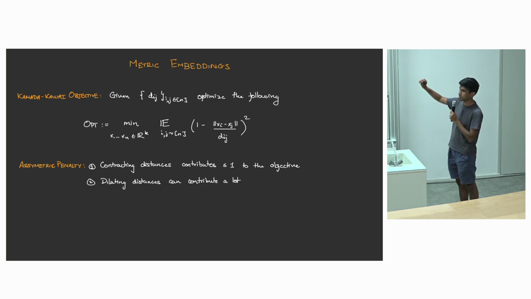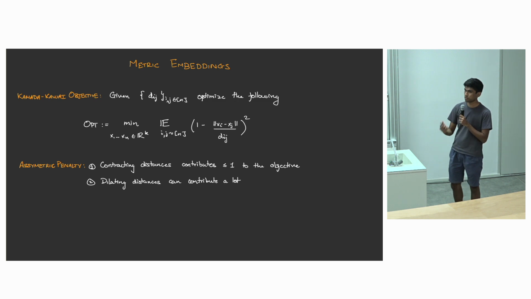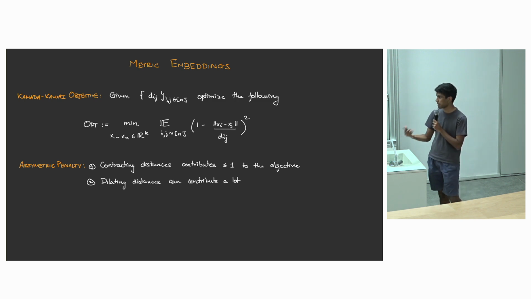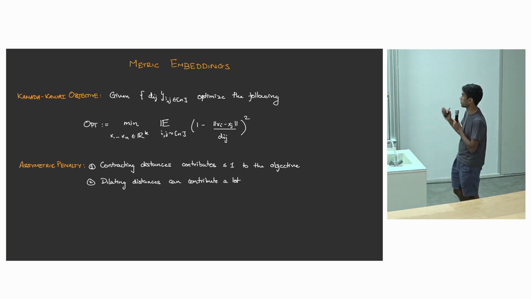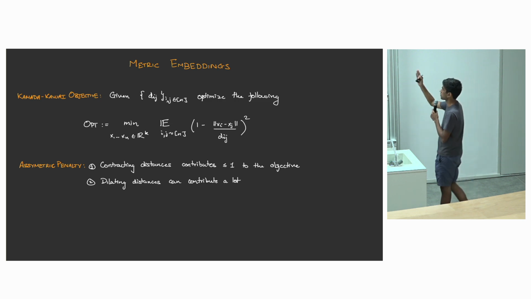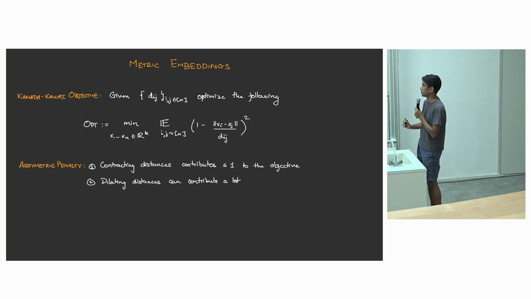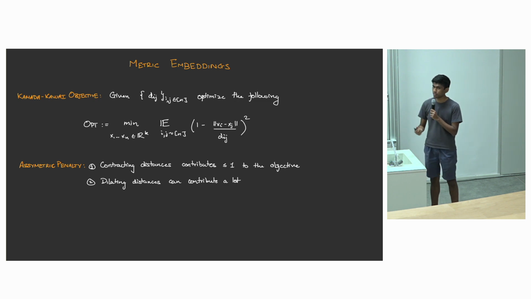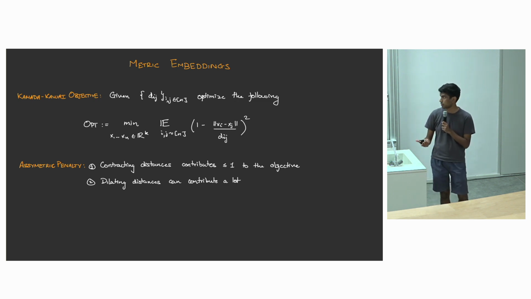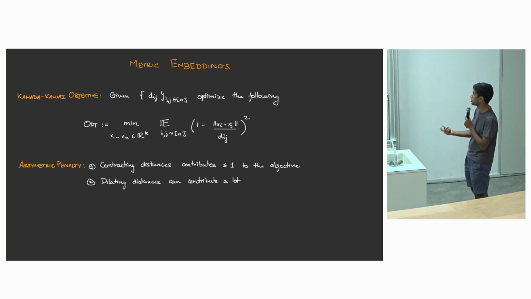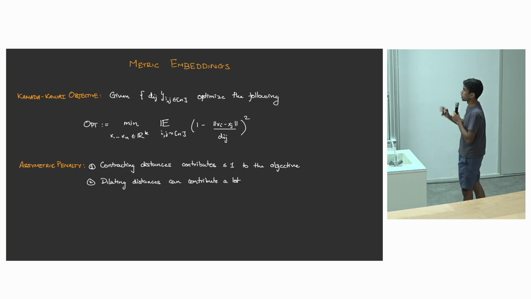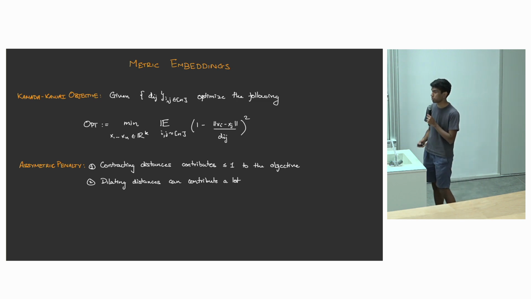Essentially, what this is doing is that contracting distances, so if i and j are close by, does not hurt you too much. It only contributes a 1 to the expectation in the worst case. Whereas if I expand a distance, so ||x_i - x_j|| is much larger than d_ij, then it could contribute a lot to the expectation, which is pretty bad.